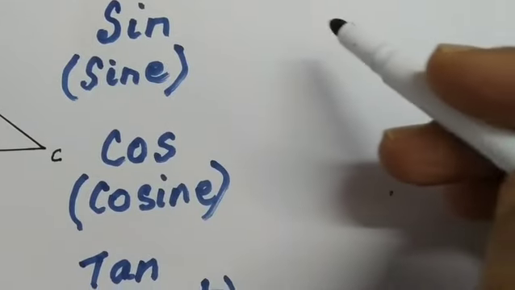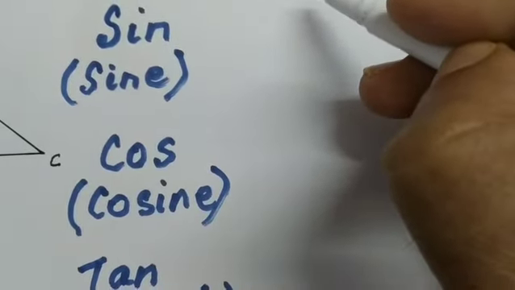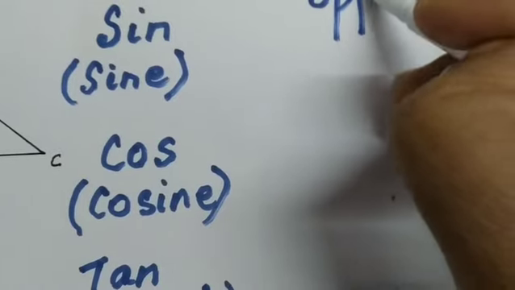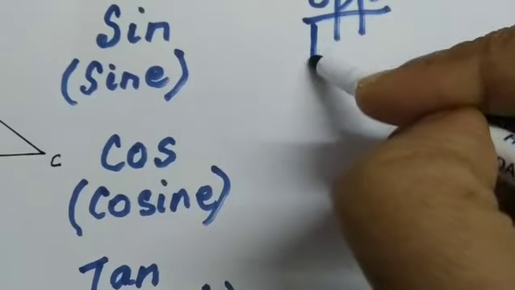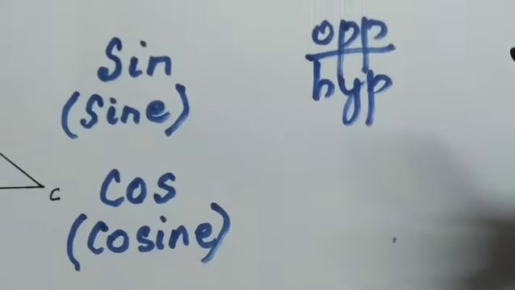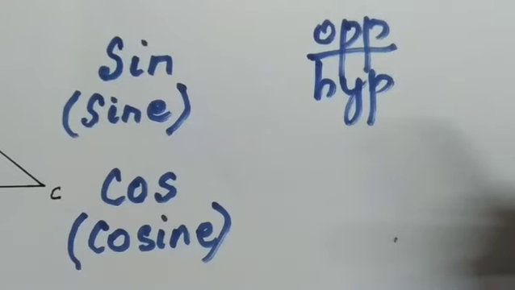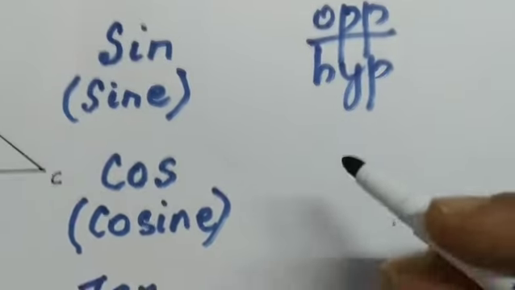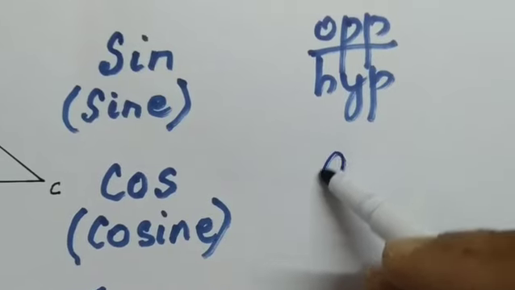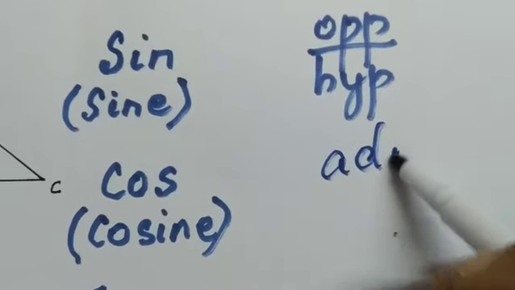Sine compares the opposite side with the hypotenuse. Sine always compares the opposite side of the triangle with the hypotenuse. Cos compares the adjacent side with the hypotenuse.